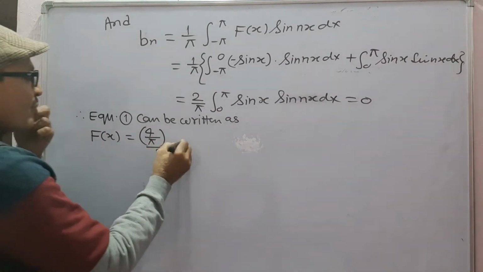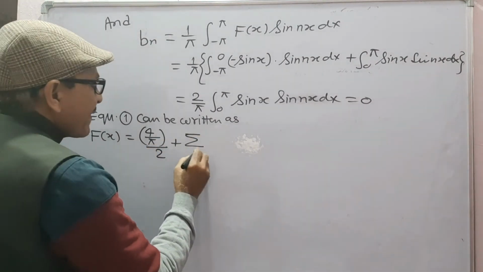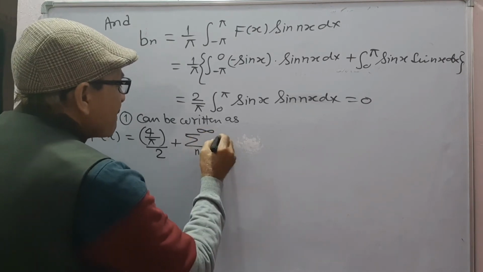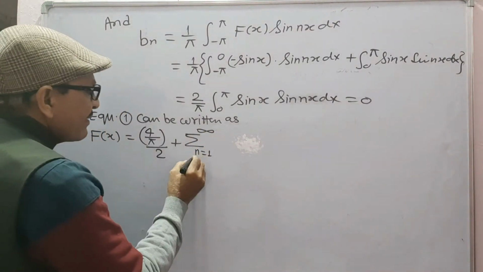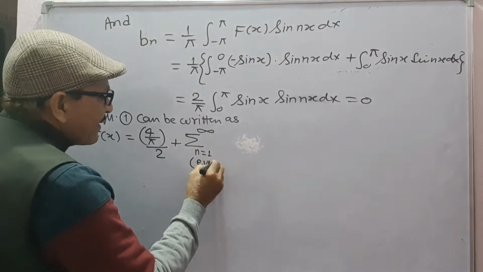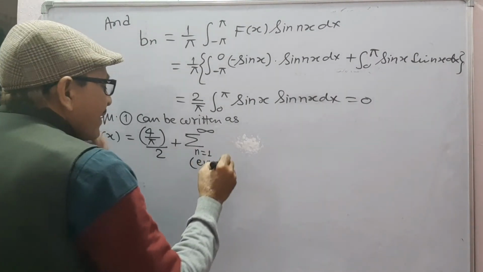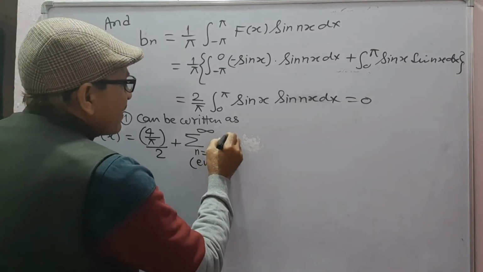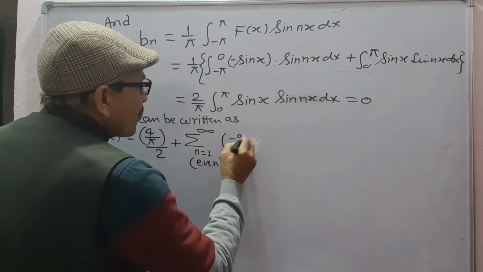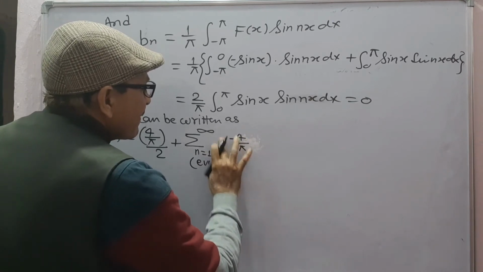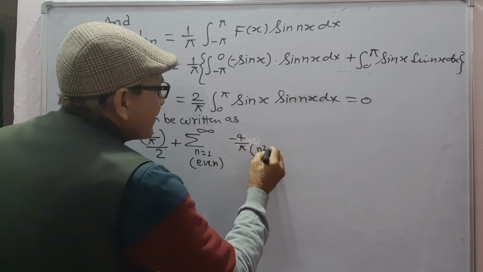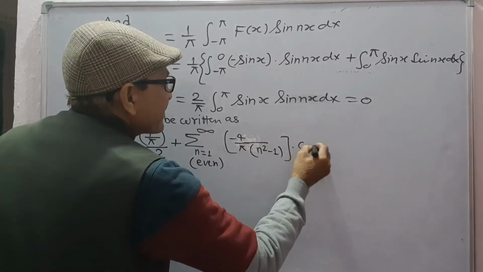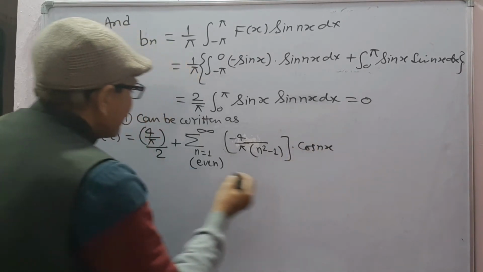This is a naught by 2, plus summation n is equal to 1 to infinity, n for even n, an is minus 4 upon pi into n square minus 1. This is an into cos nx, bn is 0.